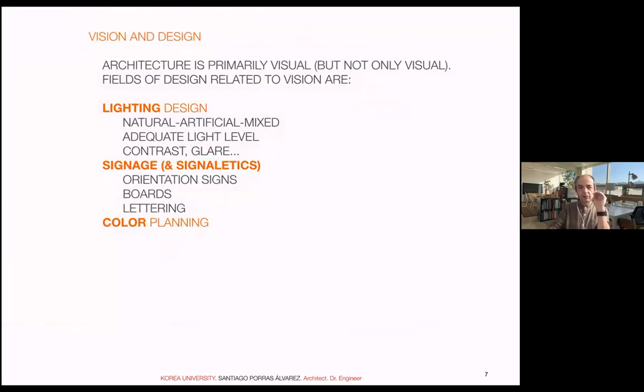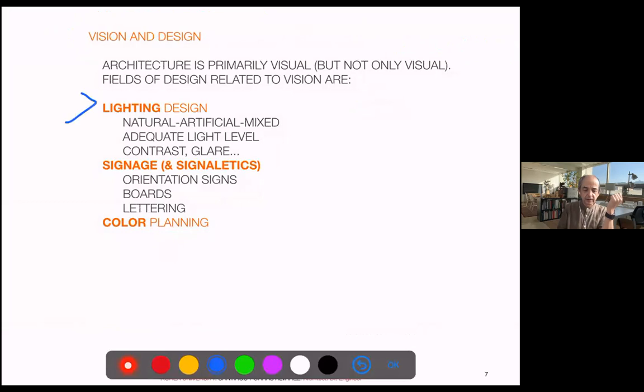So how do we deal with the vision? The basic thing is lighting, right? We try to use natural light as much as we can. Where we cannot, it's artificial, and sometimes mixed is quite a universal solution. We need an adequate light level, so the intensity of light, not too much, not too little, right?